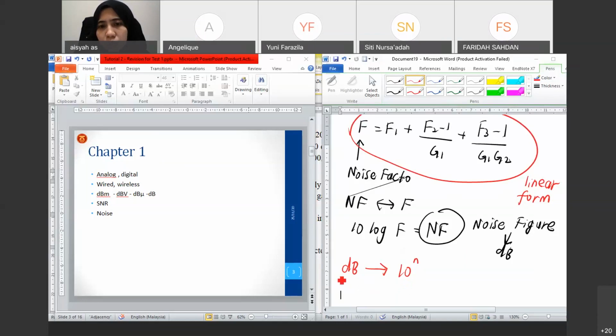So you need to change from dB, 10 log F, and then get the F here by changing from dB to linear form. When in linear form, you can use this formula. Also for the gain, if the given is in dB, you need to change it to the linear form.